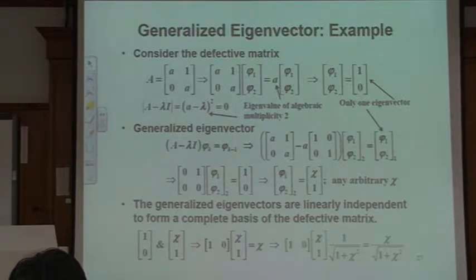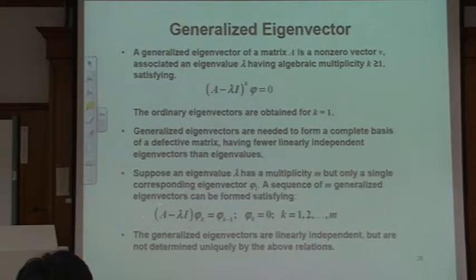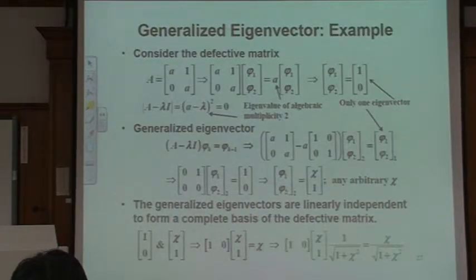Here's why. We already mentioned that all the eigenvectors found by this formula are linearly independent. Because we have just two vectors here and we try to verify their independence, we just need to take the inner product of them, and then we get the value chi here.